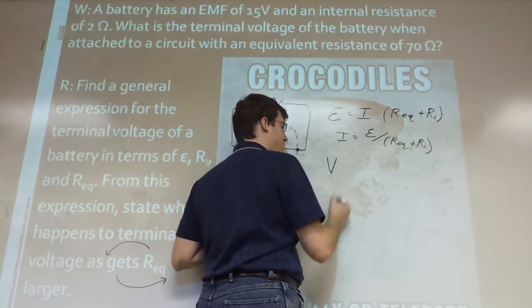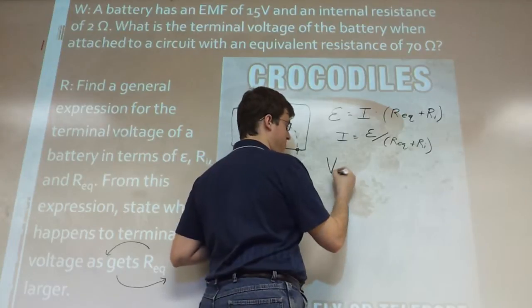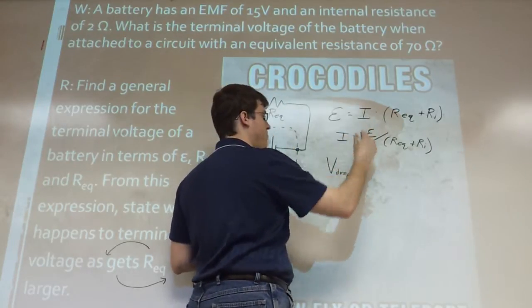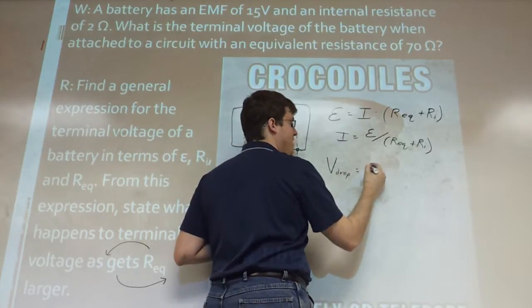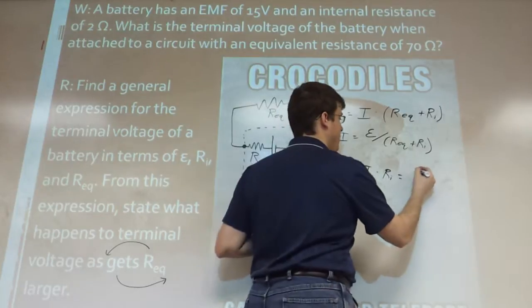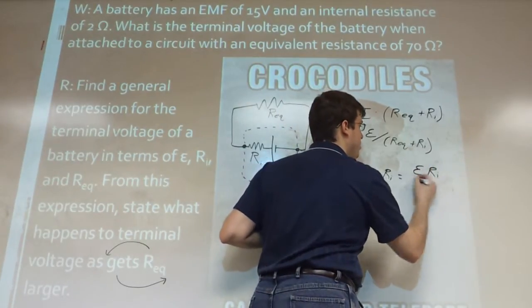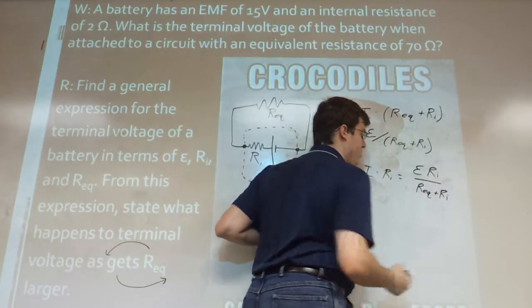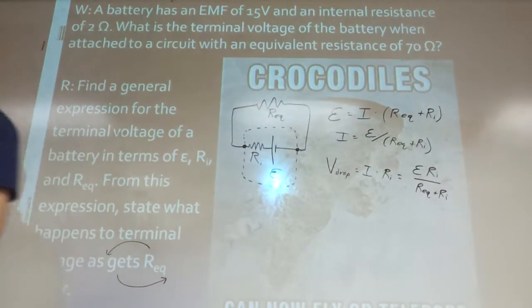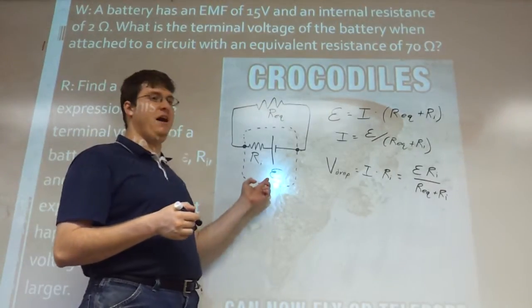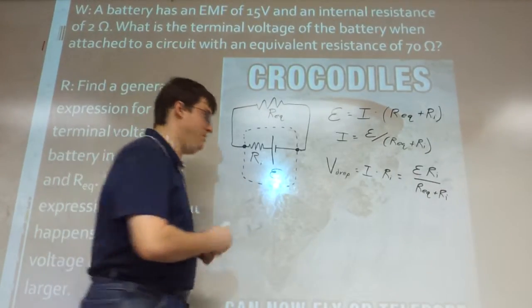So the potential drop is going to be I times R internal. So, epsilon R internal over R equivalent plus R internal. So to find the terminal voltage, all it is is EMF minus the potential drop.